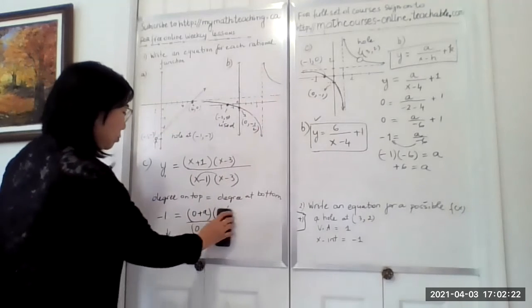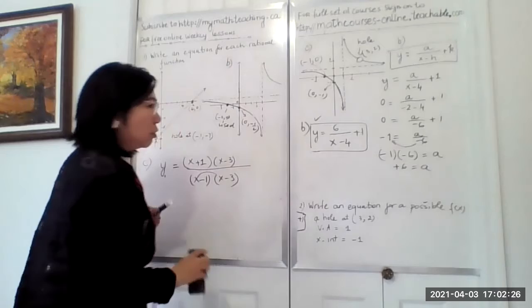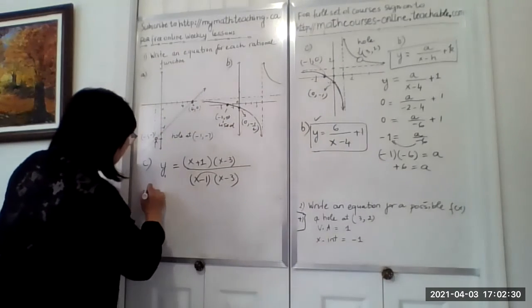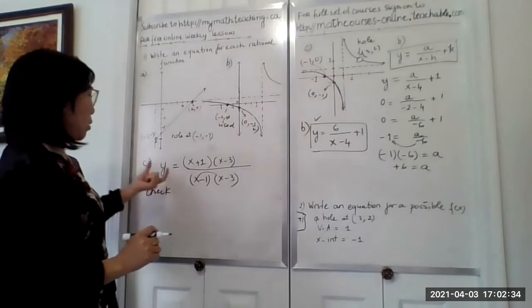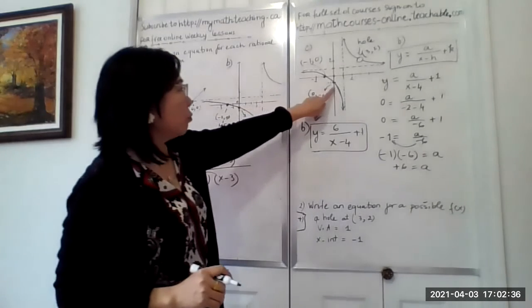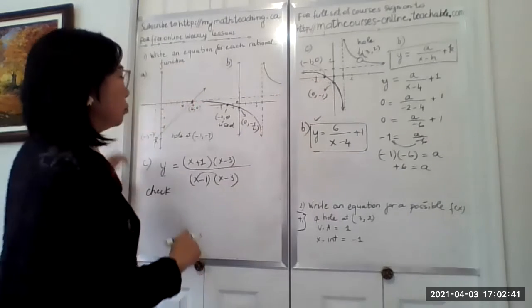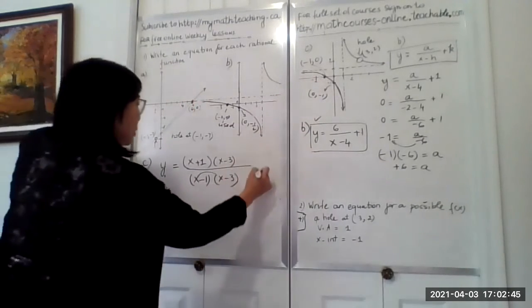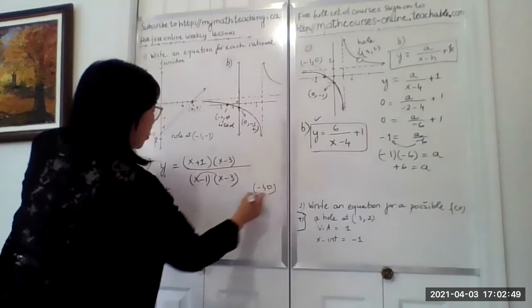But what else should we do? Make sure our equation is correct, so we're going to check first. This is the part of checking. Because we already used the y-intercept to solve for A, now we use the x-intercept to check. The x-intercept means I'm going to use the point minus 1 and 0.